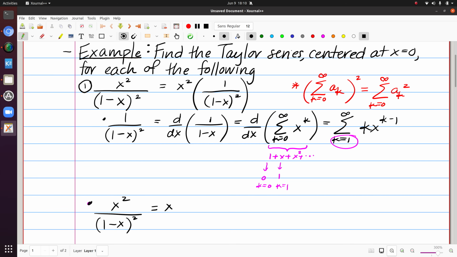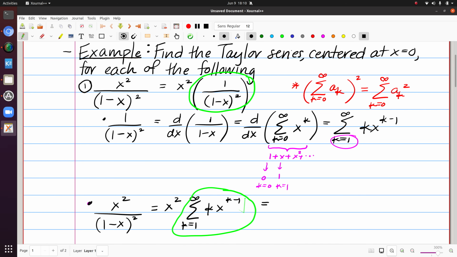Once I have that, then to find the desired function, x squared over (1 minus x) quantity squared, I'm going to take x squared times, in parentheses what I have on the top, I'm going to replace that with the series we just found, the sum from k equals 1 to infinity of k x to the k minus 1. So to be clear, this part is replacing what I had in parentheses up here.